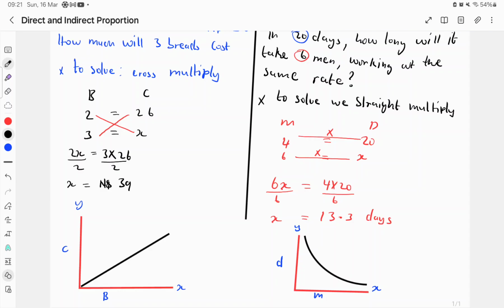When one quantity goes up, the other also goes up in direct. In inverse, when one quantity goes down, the other one goes up. They act in opposite directions.